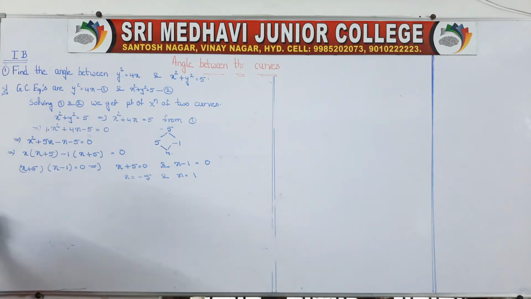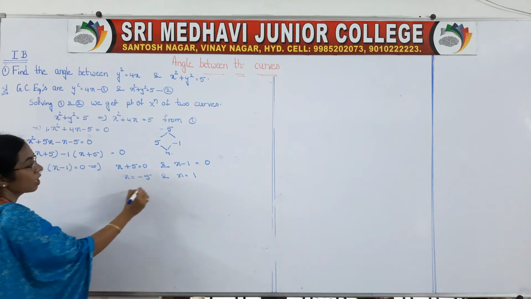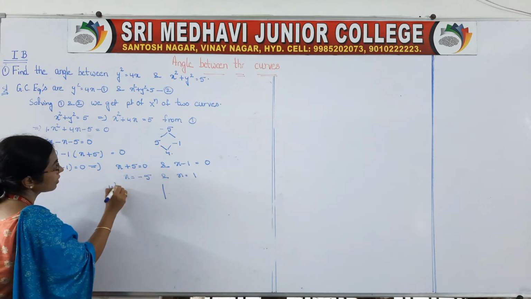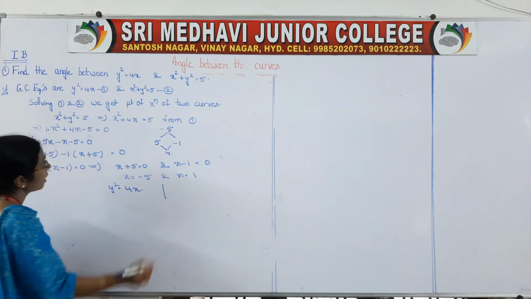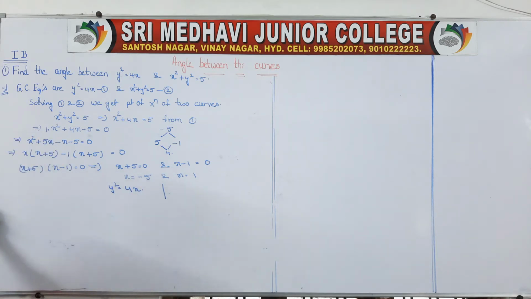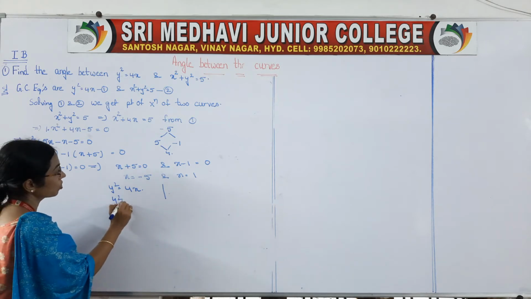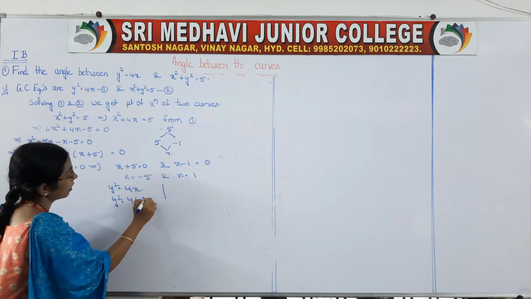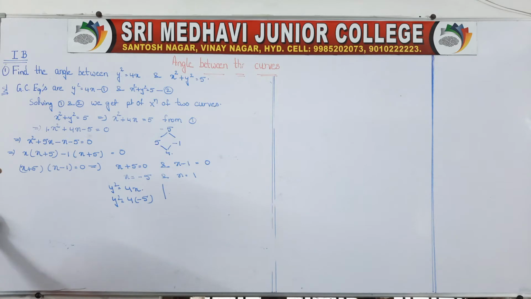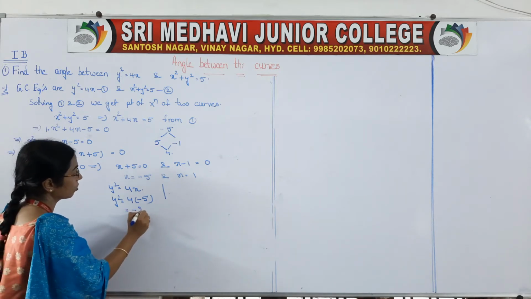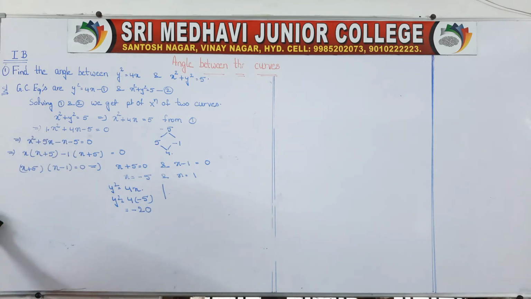So now, try to get the y values. How will we get it? We know that y square is equal to 4x by our first equation. So now you substitute your x value here. What happens? 4 into minus 5 is equal to minus 20.